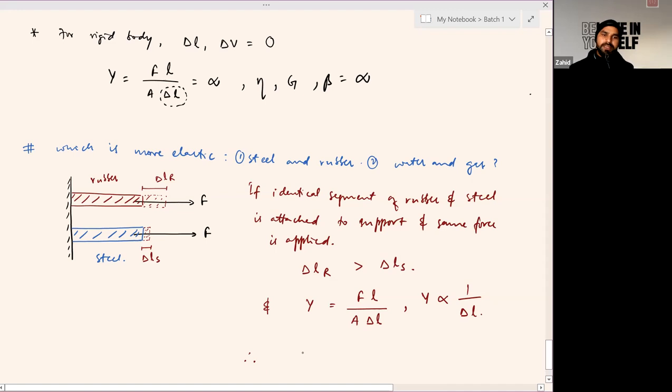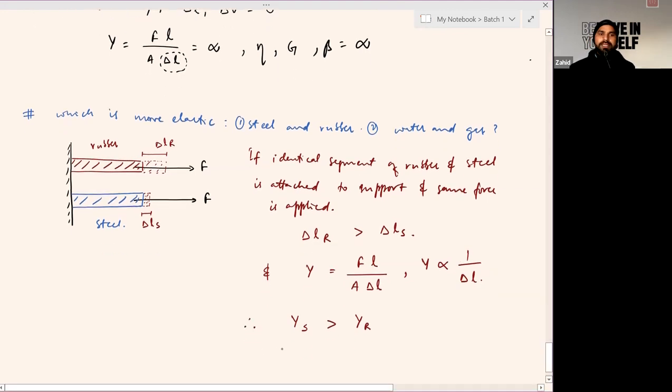Young's modulus in steel will be more as compared to rubber. And Young's modulus, or any modulus of elasticity, simply defines the elastic behavior of that substance. Hence, we can conclude steel is more elastic than rubber.